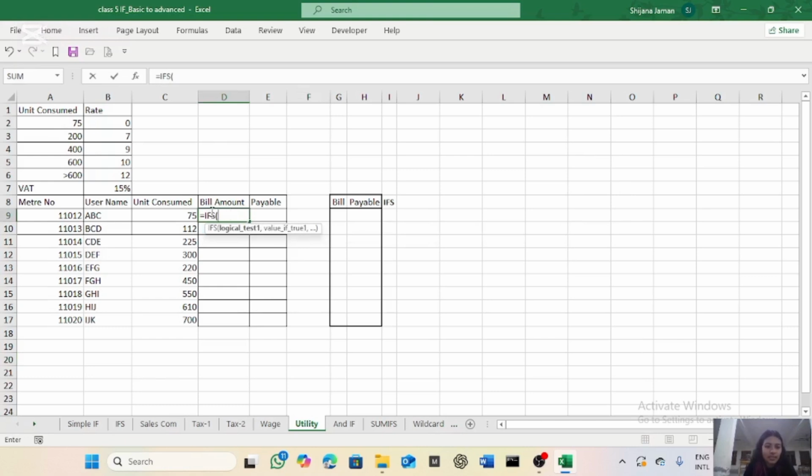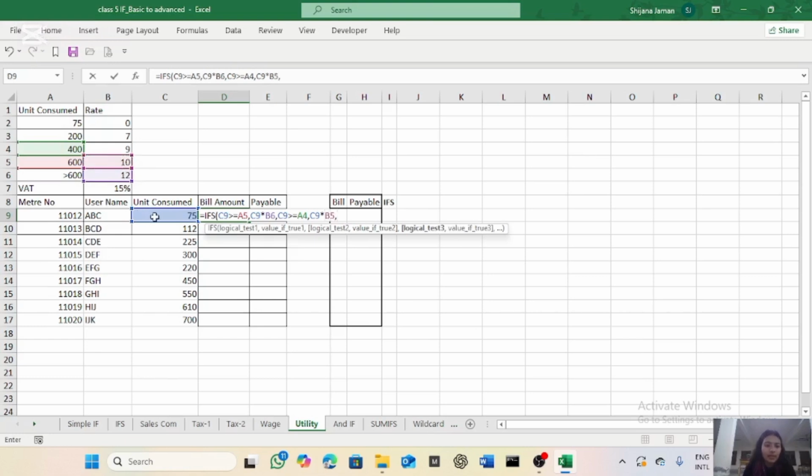For the first logical test, if our 75 is greater than equal 600, we will pay 12% rate on our unit consumed 75, comma, if 75 is greater than equal 400, we will pay 10% on unit consumed.